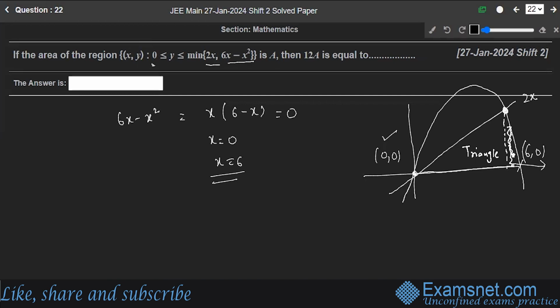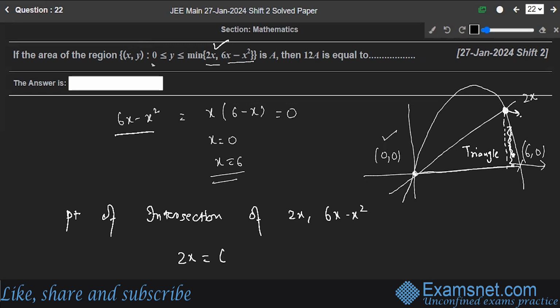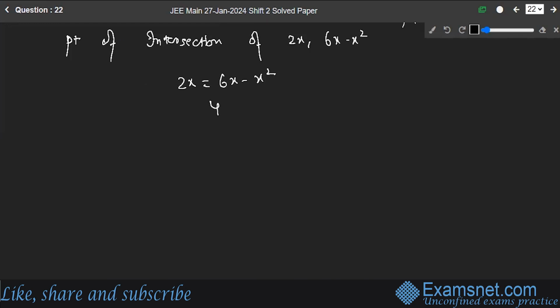I need to find out the point of intersection, this point. So the point of intersection of 2x and 6x minus x square: 2x will be equal to 6x minus x square, or you will have 4x minus x square equal to 0, x(4 minus x) equal to 0, so x can be equal to 0 or x can be equal to 4.